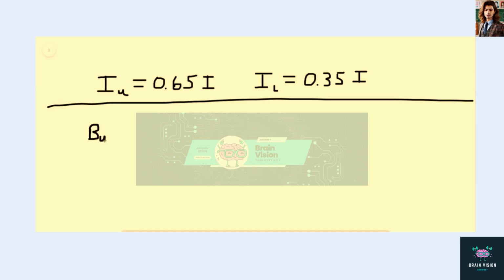So we can say that B sub U, for upper magnetic field, is equal to 1/2 the total magnetic field at the center, B. So this is equal to 1/2 times mu naught times, for the upper part, I sub u divided by 2 times the radius r.